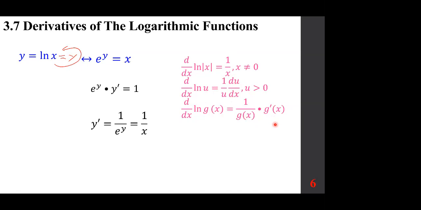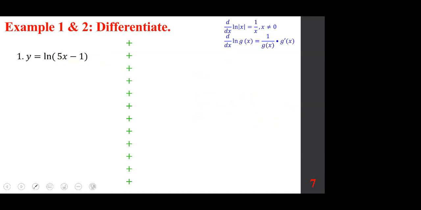So let's look at a few examples. We want to differentiate y equals ln of 5x minus 1. So basically, we flip this over, we get 1 over 5x minus 1.